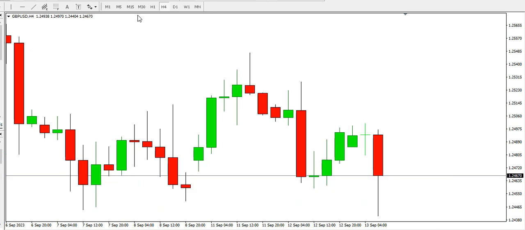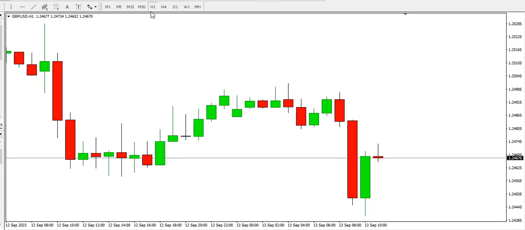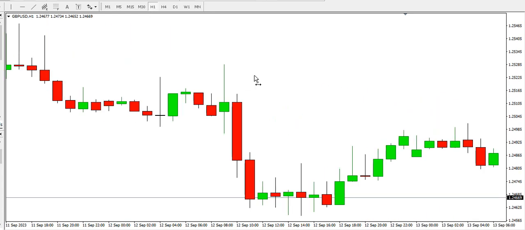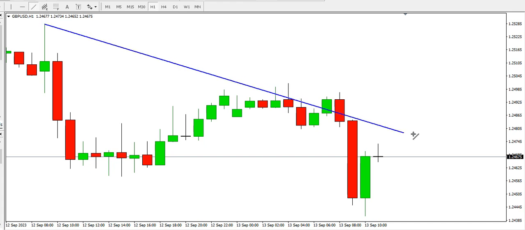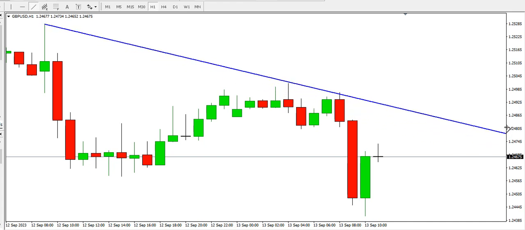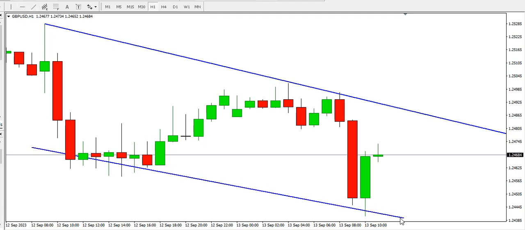Let's quickly take a look at the 1-hour time frame for GBPUSD. The 1-hour time frame shows that price is trending downwards, so you might want to join the trend. High, low, lower high, lower low.